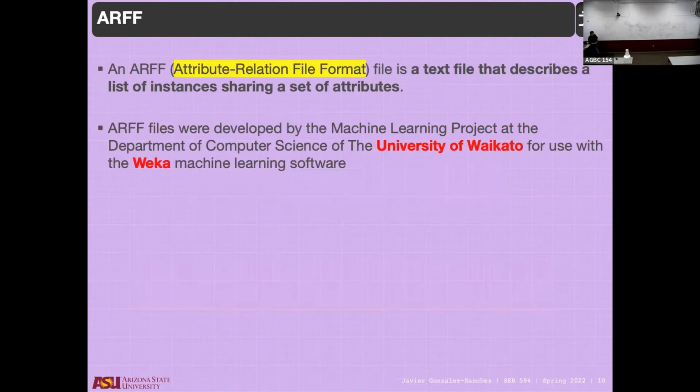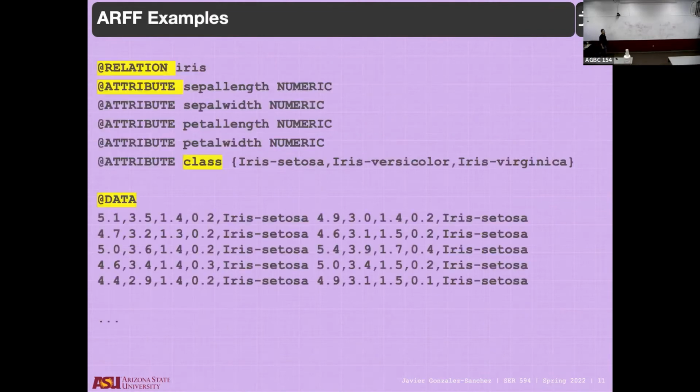Now, before you work with the data set, the extension ARFF is basically a file like this. If you open the file, and I am giving you the version of the iris data set in the format ARFF, did you notice what it is?